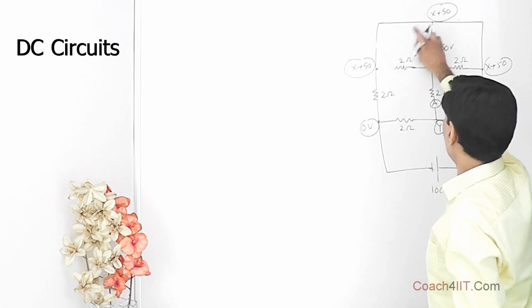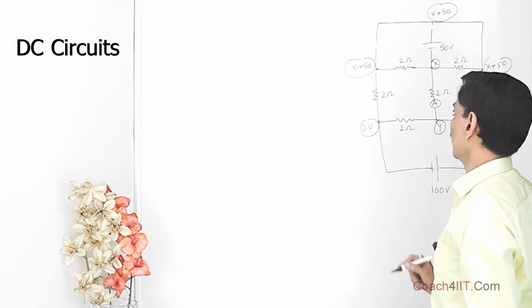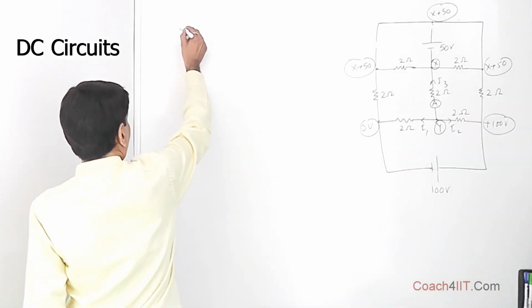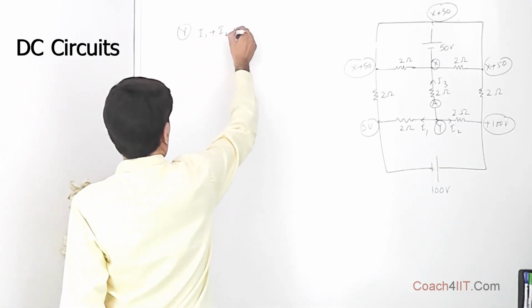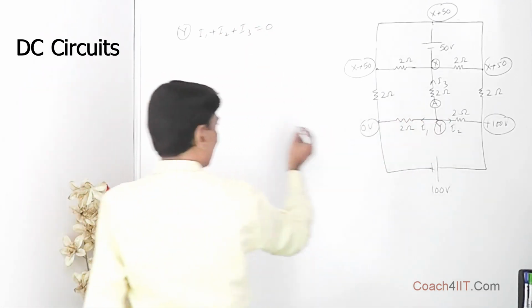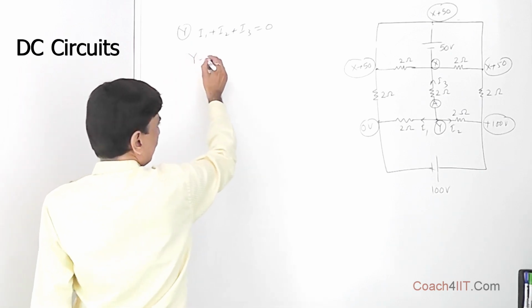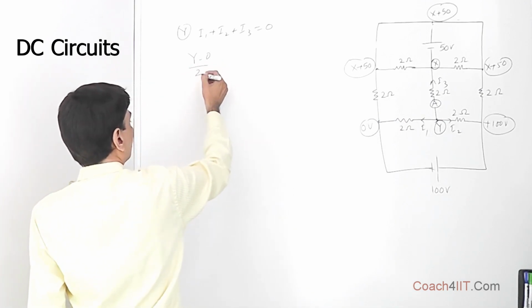So let's keep the basic network diagram intact and make it X plus 50. Now we are considering node Y, and we say I1 plus I2 plus I3 is equal to 0. For this, I1 is Y minus 0, the potential difference, divided by 2.